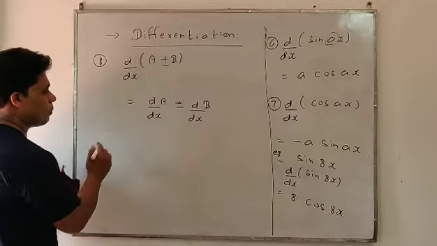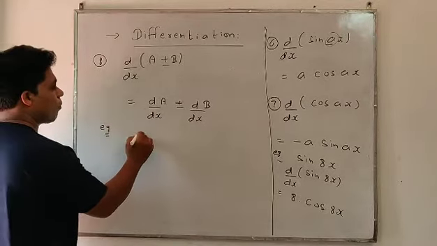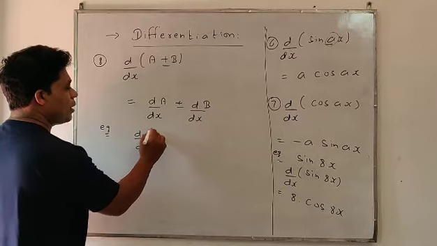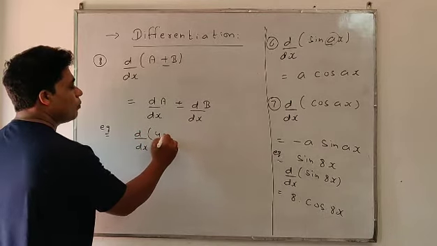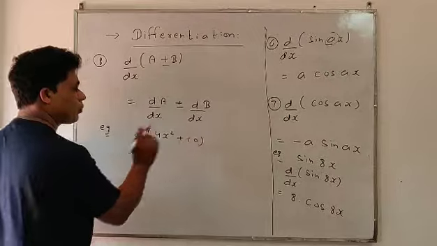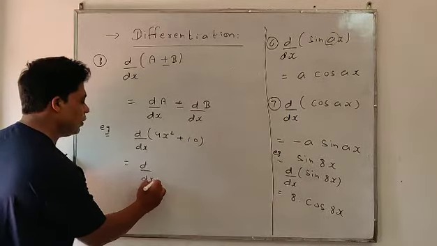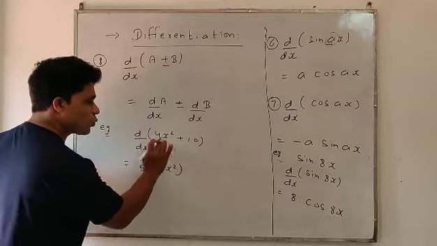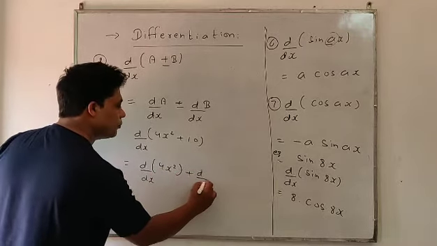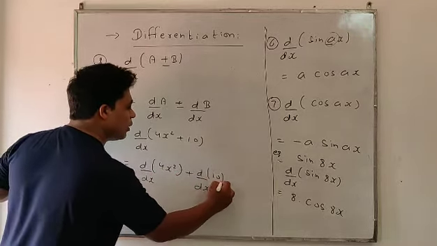I'll give an example on this. Suppose d by dx of 4x square plus 10. So d by dx of 4x square plus d by dx of 10.